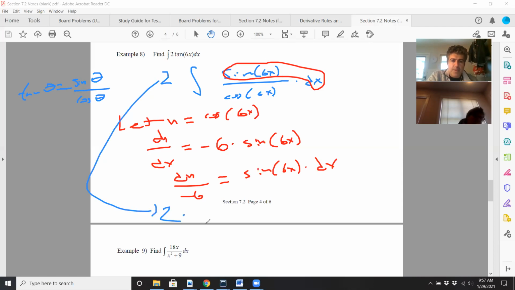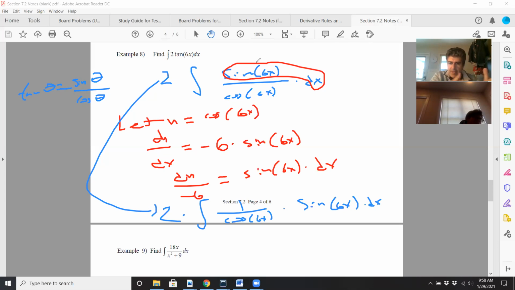So I have 2 times the integral, and let me rewrite this as 1 over cosine 6x times sine 6x times dx. Same thing, I just push sine 6x dx off to the right.